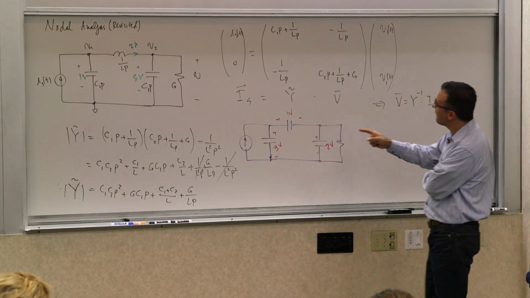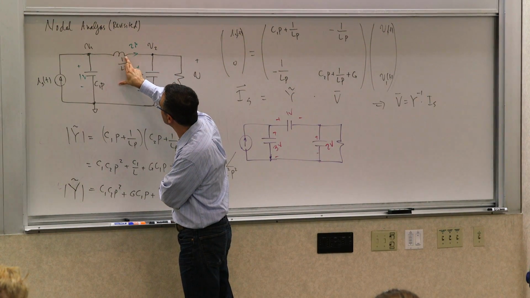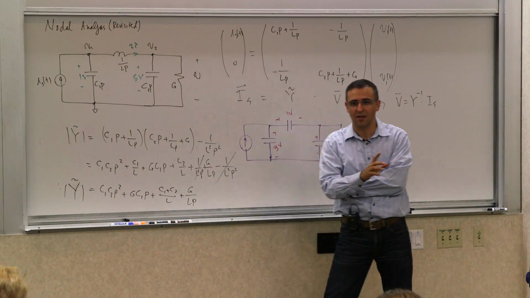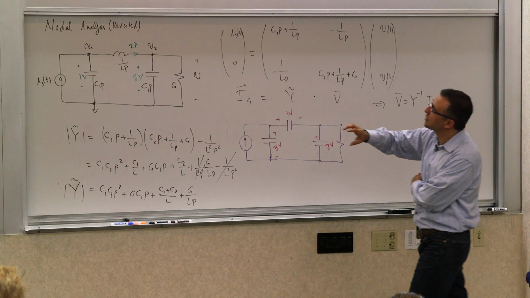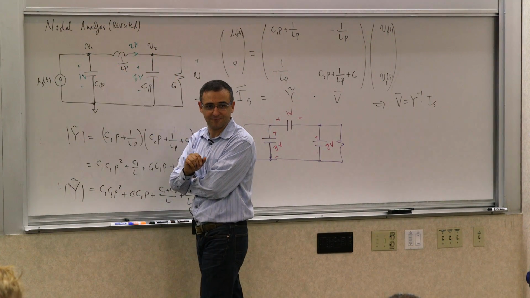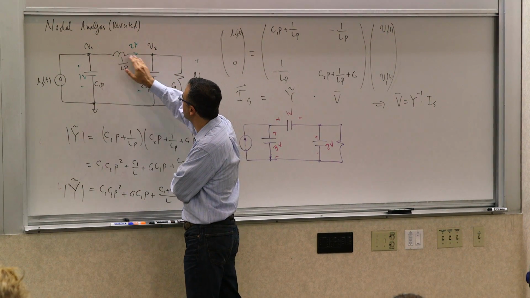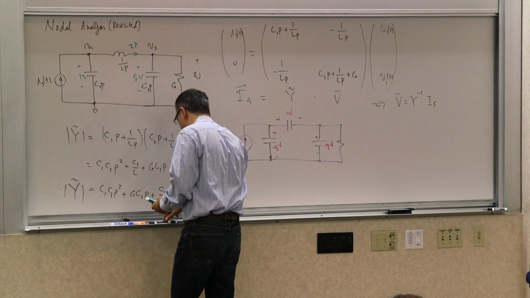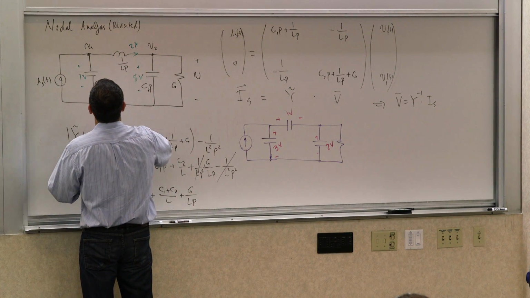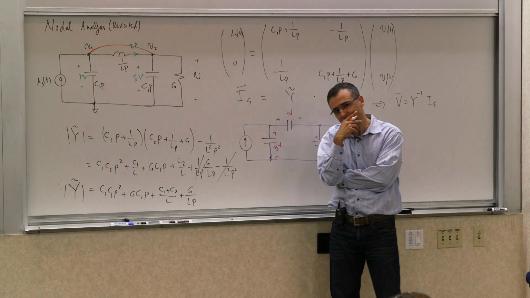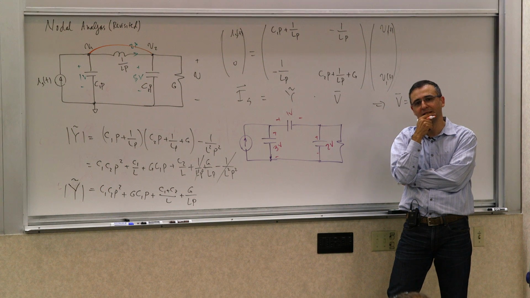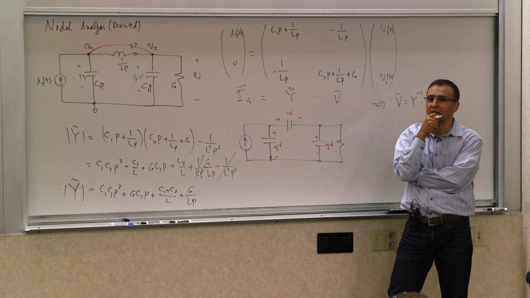But you have to be careful here. When you have the inductor and the 2 capacitors, they're not independent of each other. So are the capacitors not independent of each other? Well, if they were connected directly, if there was no connecting element, so let's say if this inductor was not here, if this was a wire, if I had shown two capacitors like that, what would the order of the system be? 1, exactly.